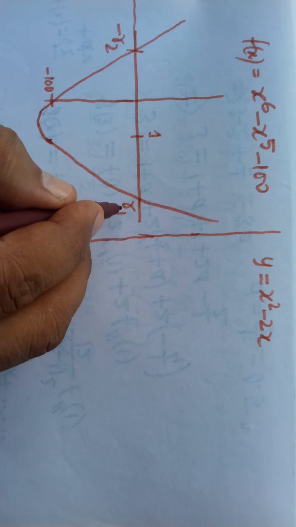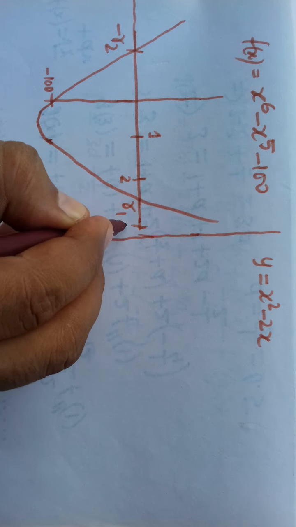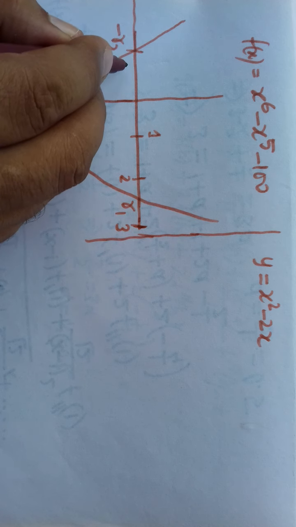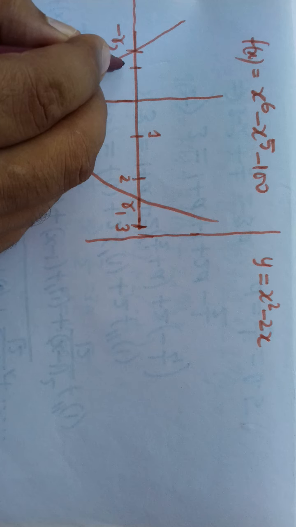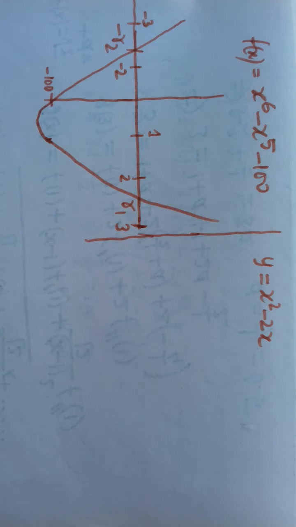This means that r1 lies between 2 and 3. In the same way, minus r2 lies between minus 2 and minus 3.